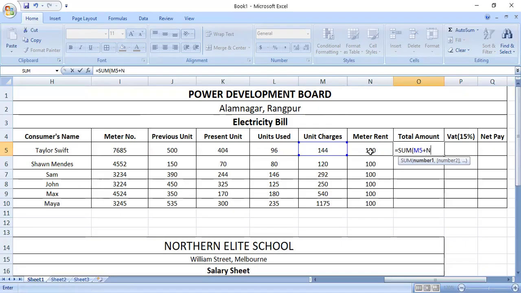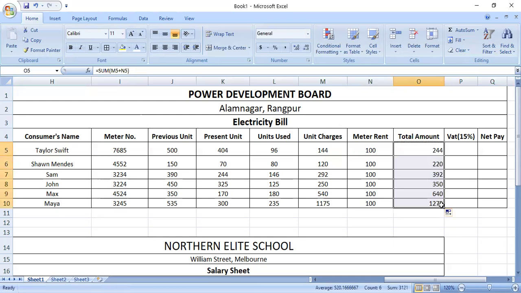So N5. So you can see these both are highlighted, one in blue, one in green. So you have to do the right ones. Now press enter. Now this is the sum of this. This is total amount. Now align them in the middle.